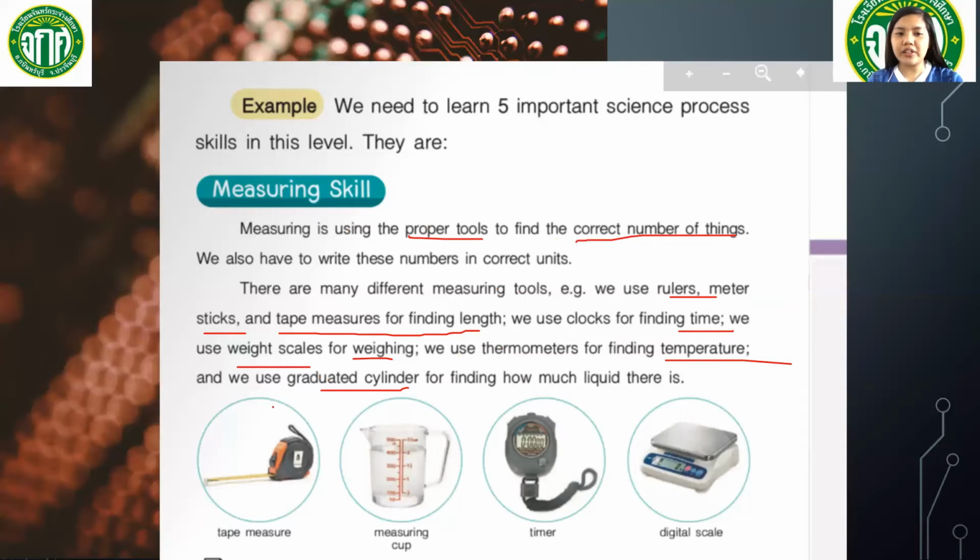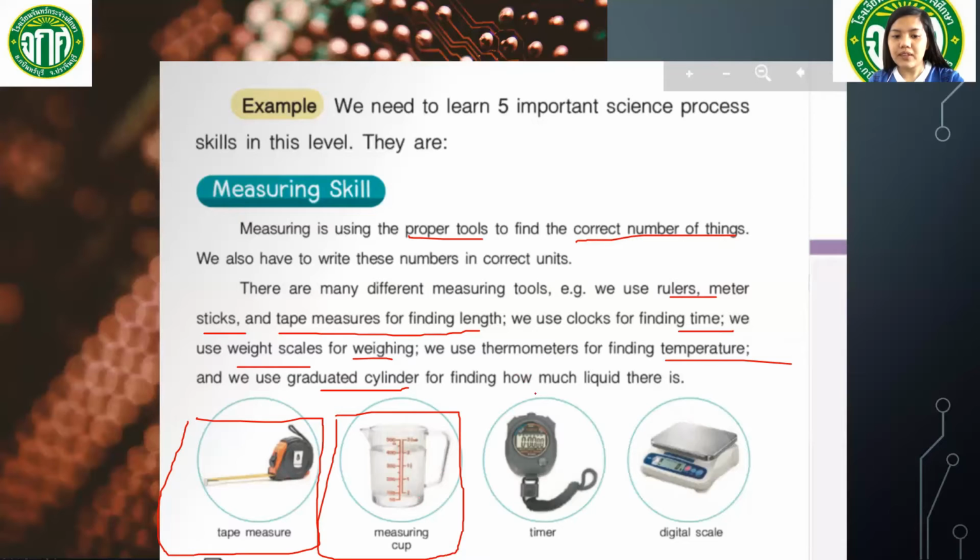Here are examples of tools. First, we have a tape measure. What is the use of a tape measure? It is used for finding a length, right? Next, we have a measuring cup. You can also use a measuring cup for measuring a liquid.